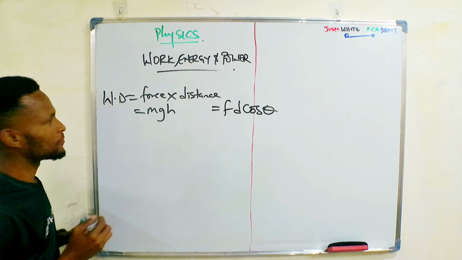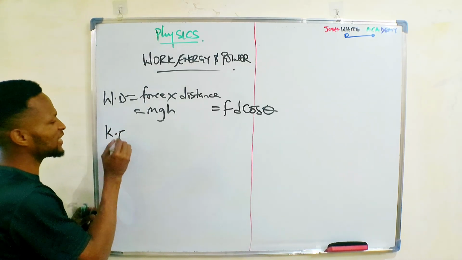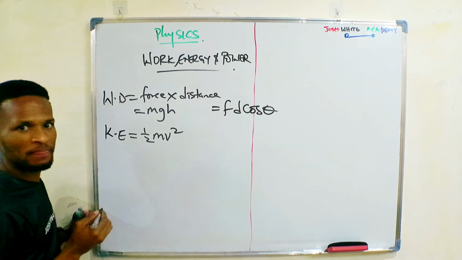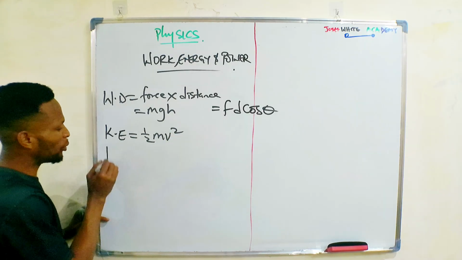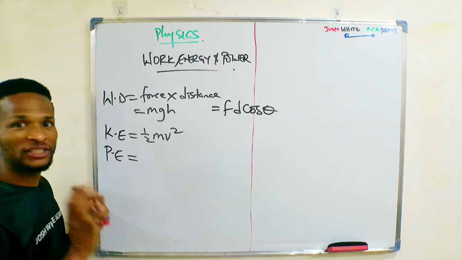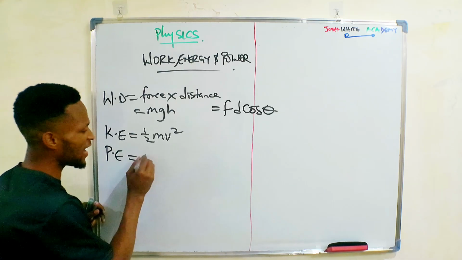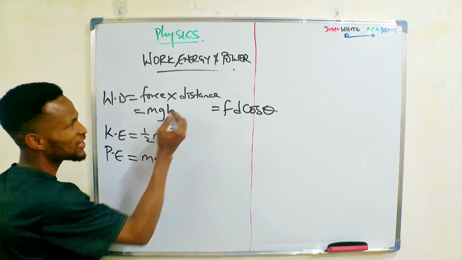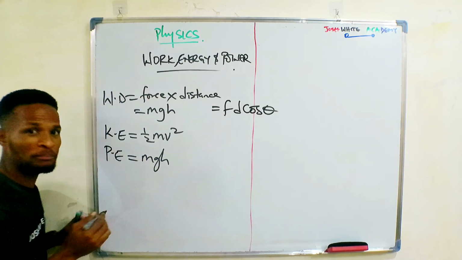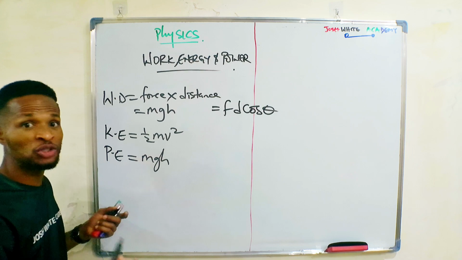Now, energy. We have kinetic energy, which is 1/2 mv². Potential energy, which is the energy by virtue of position when the body is at rest, is mgh, similar to that of work. Then we have power. We say power is the rate at which work is done.